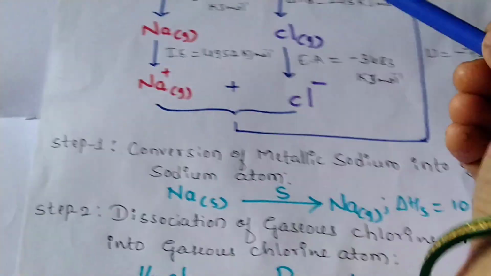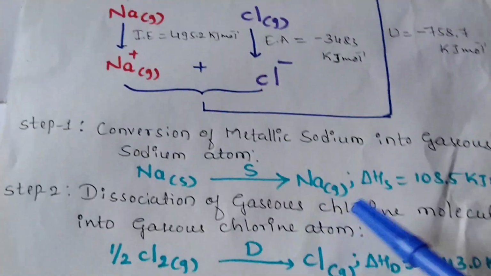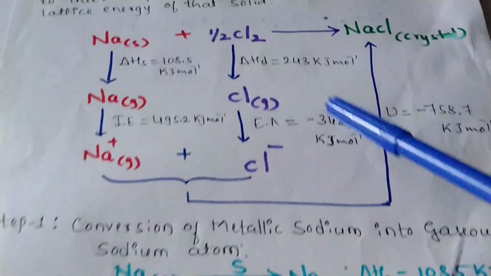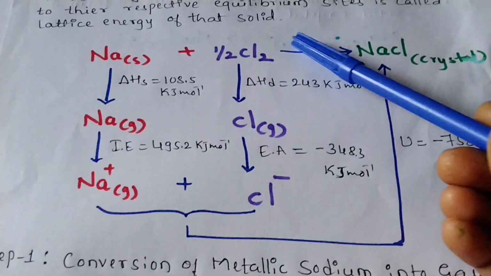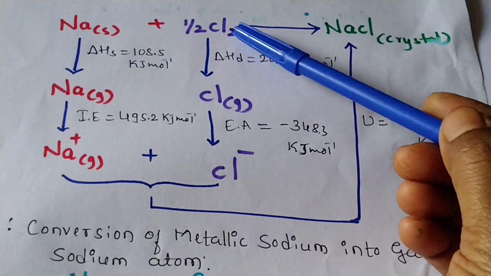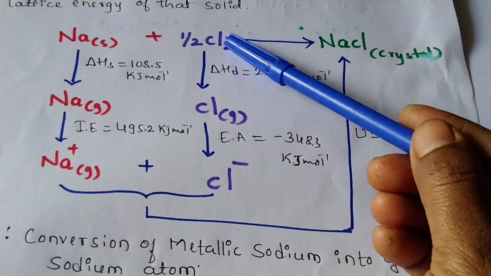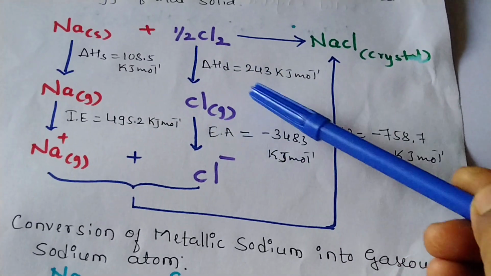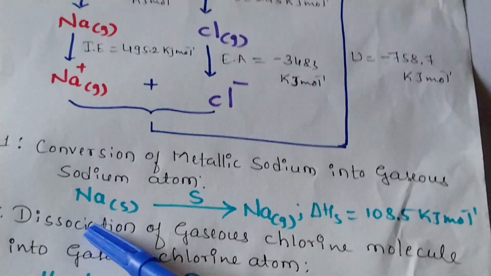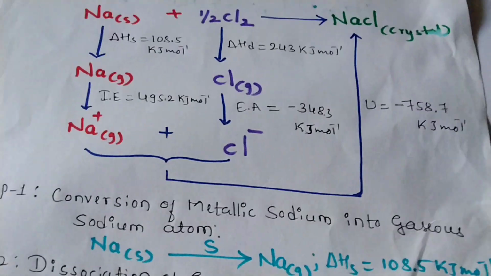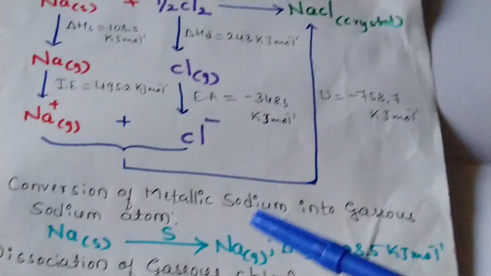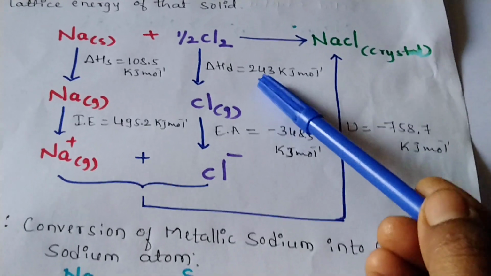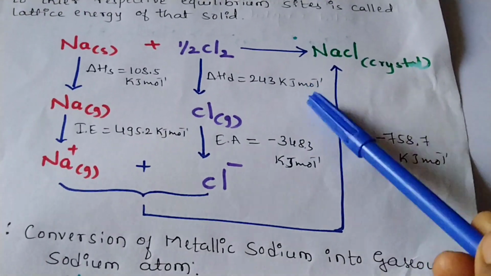The second step is dissociation of gaseous chlorine molecule into gaseous chlorine atom. Here we have a chlorine molecule, and we have to convert this gaseous chlorine molecule into gaseous chlorine atoms. This dissociation requires some amount of energy, called the dissociation energy, that is 243 kilojoule per mole.